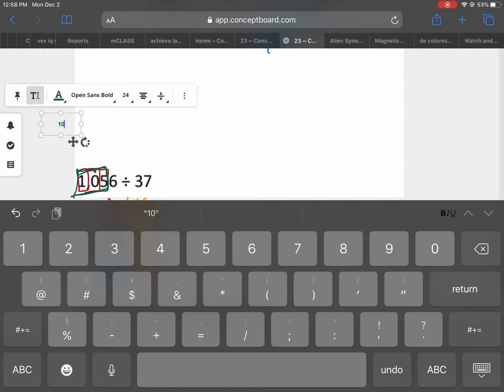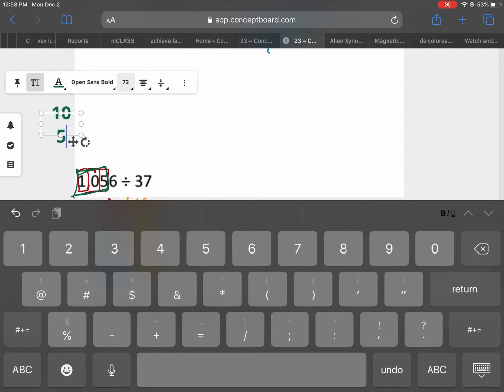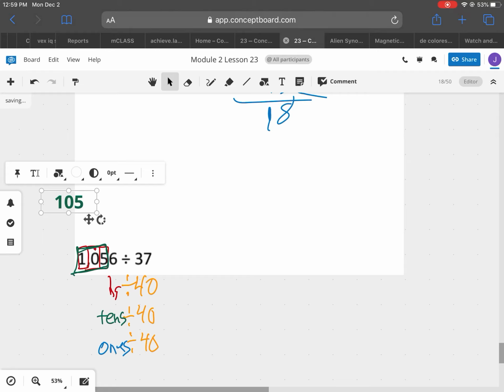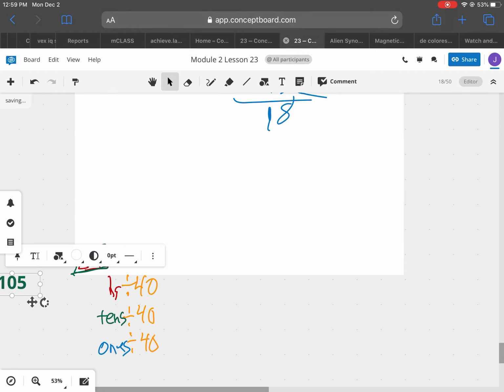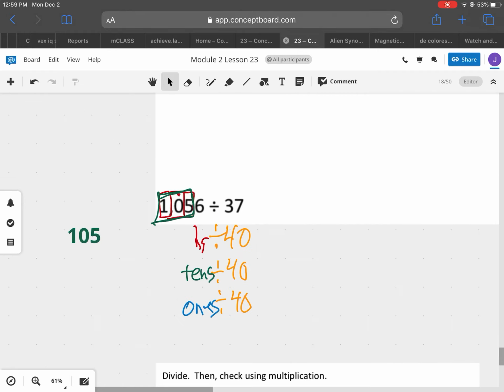And then I'm going to compare this to a skip count. All right, which skip count am I going to do? Well, I'm going to do my 40s. Okay, so I'm going to skip count by 40.